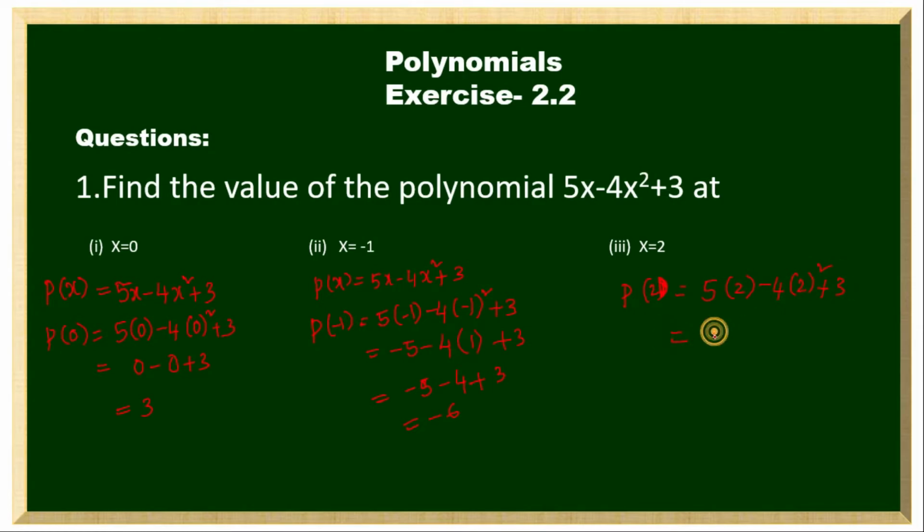So 5 into 2 is 10, minus 4 into 2 square value is 4, 2 into 2 is 4, plus 3. So 10 minus 4 into 4 is 16, plus 3. 10 plus 3, 13. 13 minus 16 is minus 3. The value of this polynomial at x equal to 2 is minus 3. Clear? This is the first question.